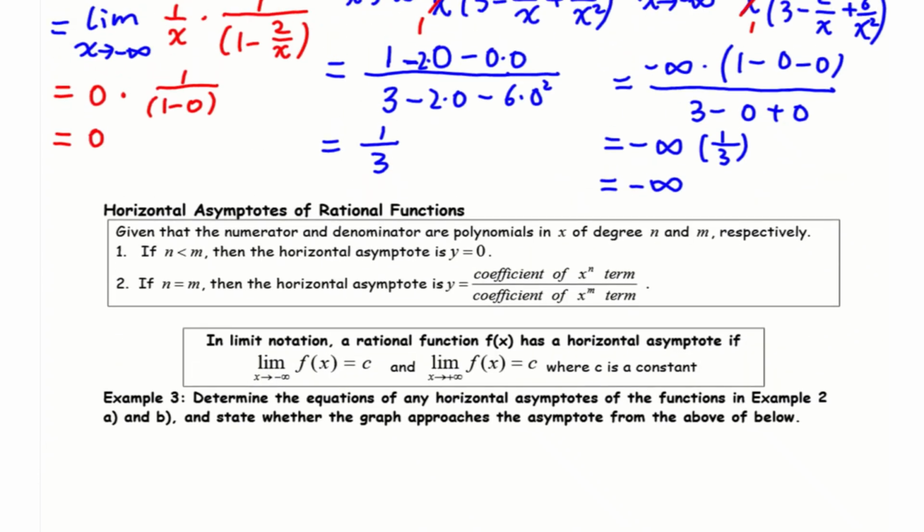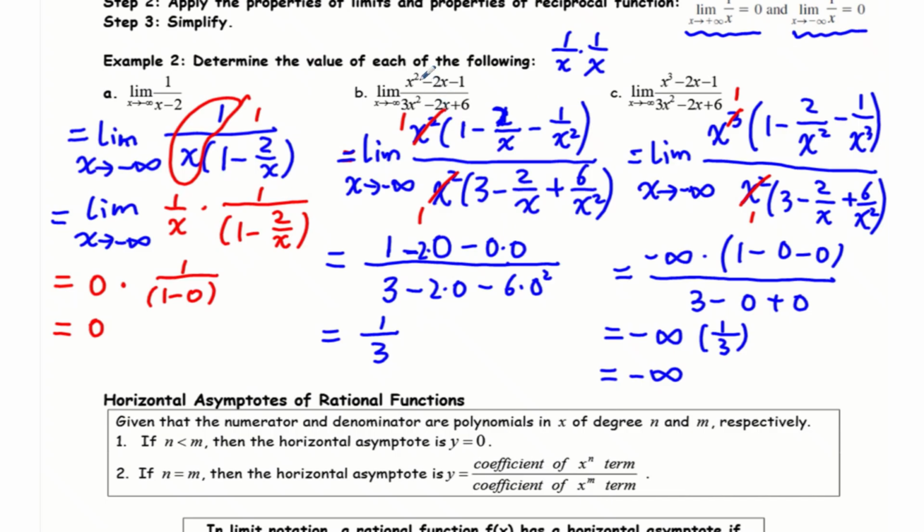Why is it this way? Because if n is less than m, when the highest degree is taken out, the numerator's degree n is less than the denominator's m, you will have x in the denominator, and then the whole function equals 0.